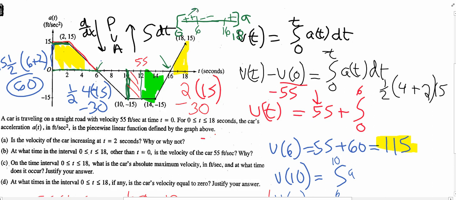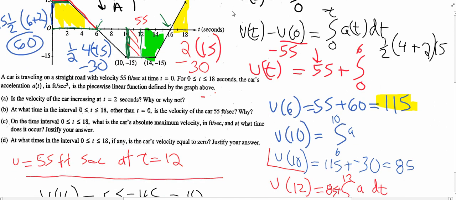So our candidates are at 6 and the endpoints, right? Because this here at 16 is a relative minimum, at 6 is a relative max. So we check the relative max, and we find out that it's 115. At 0 the velocity is 55, and then we already calculated the end. So we're doing pretty good on that.